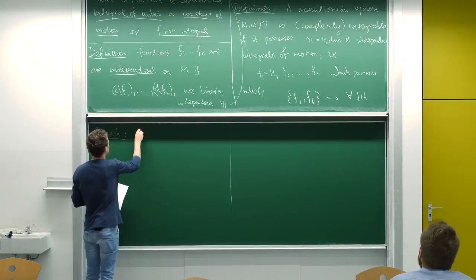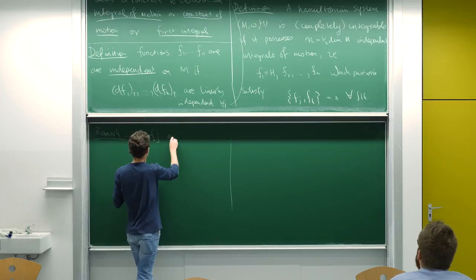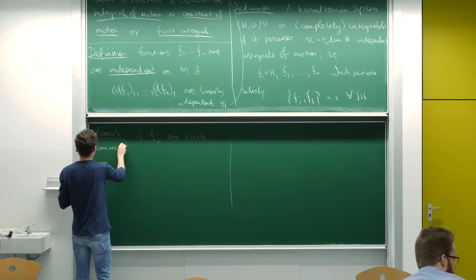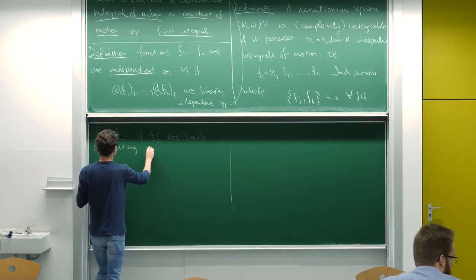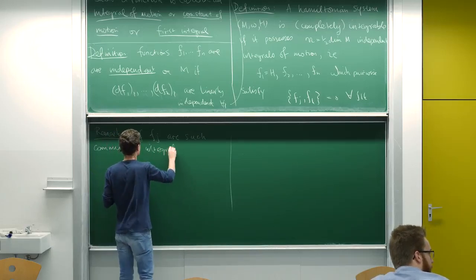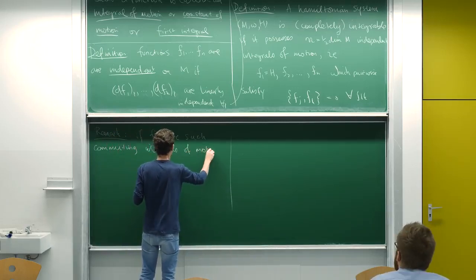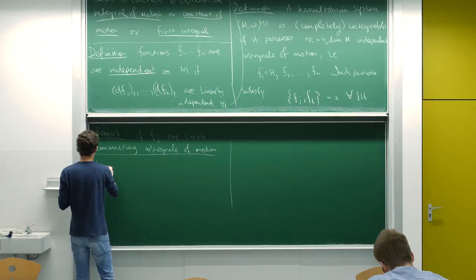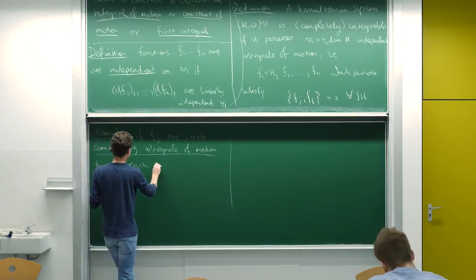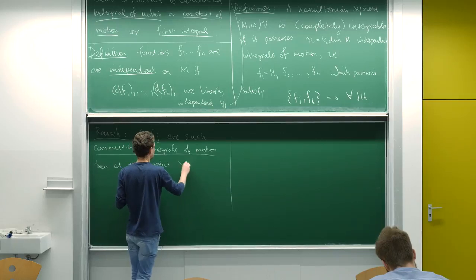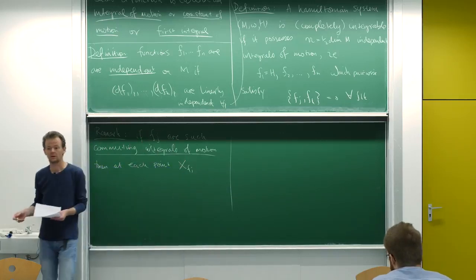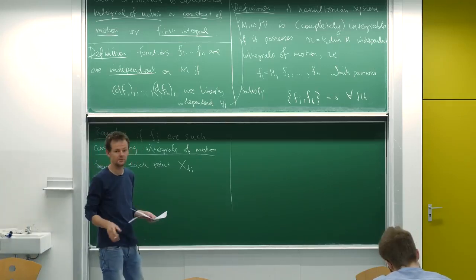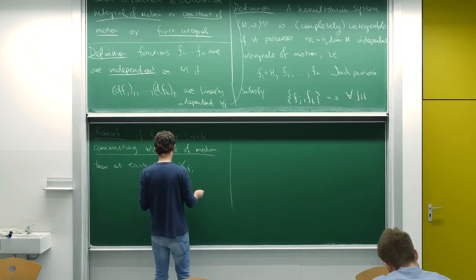Okay, let's just note something obvious. If the J's are such commuting integrals of motion, then at each point, the vector fields coming from these integrals of motion generate a Lagrangian submanifold, or Lagrangian subspace, to be a bit more careful.